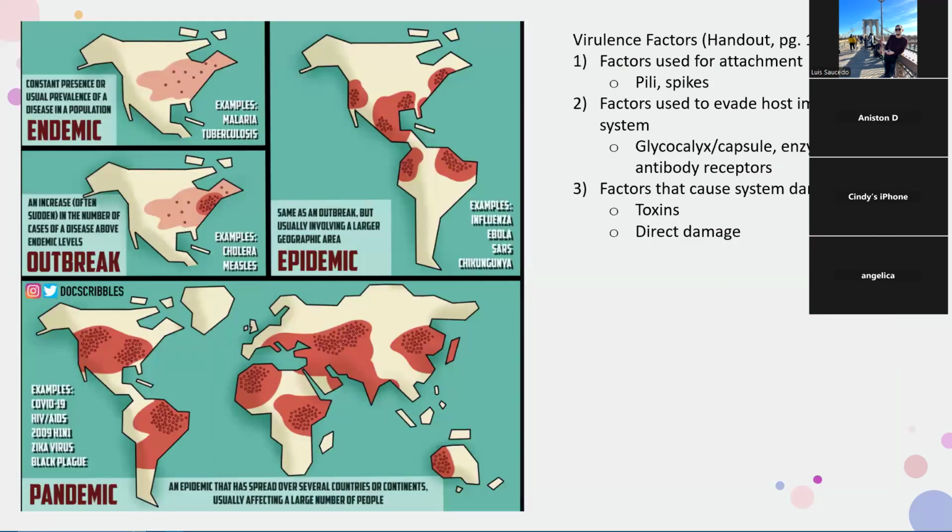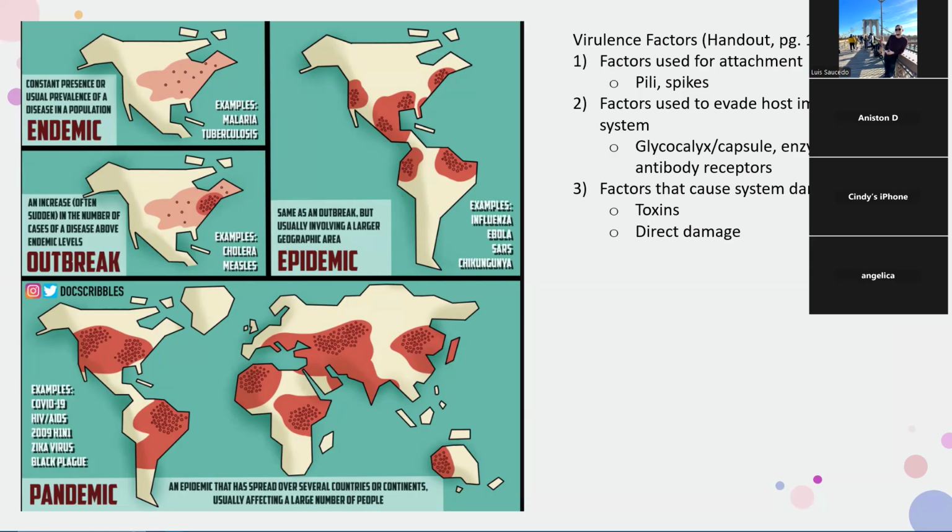And then virulence factors. This is in handout pages 10 to 16, discussing the factors for virulence. How do infections help infect us? Things like attachment. Remember, we have pili and spikes. We also have things that help microbes avoid our immune system, like the glycocalyx, certain enzymes, and antibody receptors.